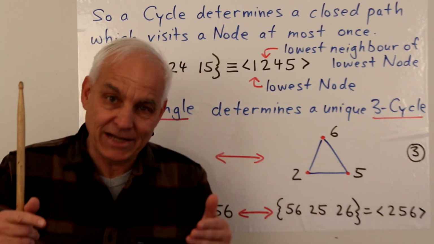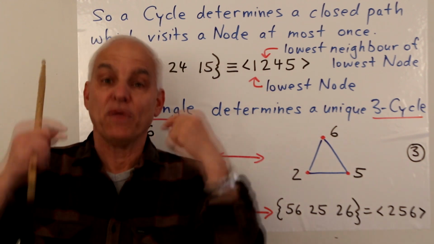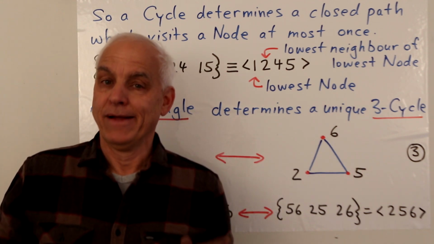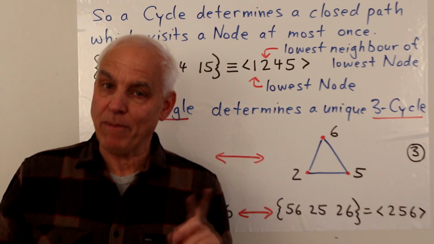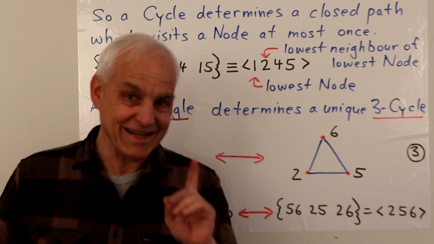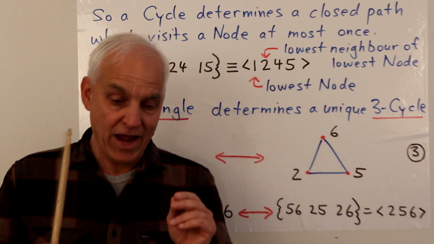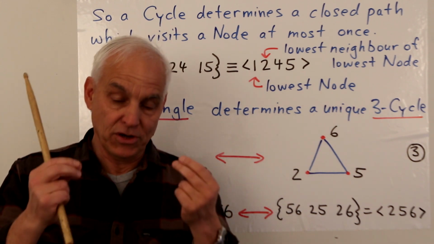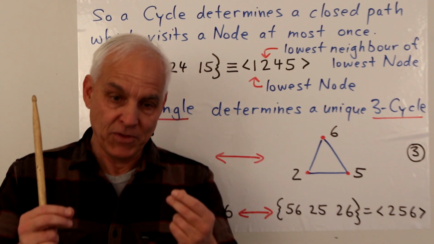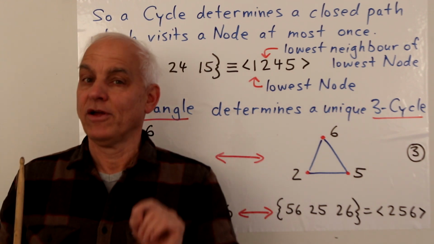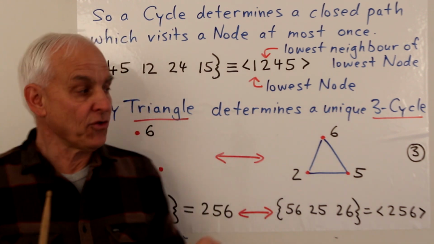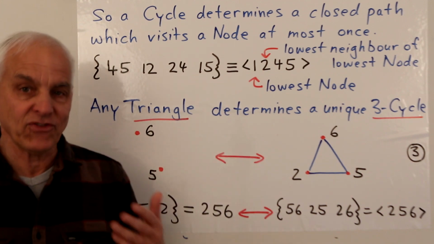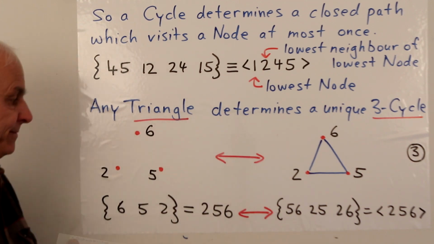So that would be a set with two elements which are the same. And a set does not allow repetition. So that's not a valid set. So in fact, there are no cycles that you can create from 2 points. You need at least 3 points to be able to create a cycle. So this is the simplest kind of cycle that we can get.